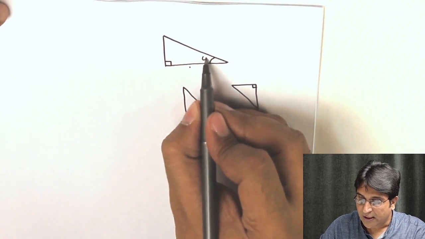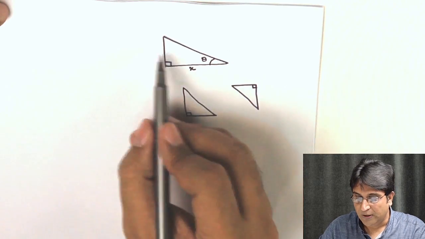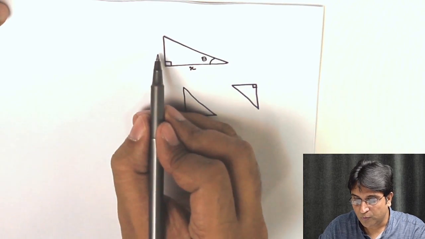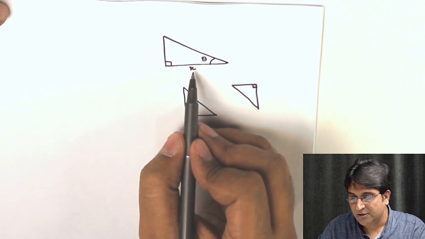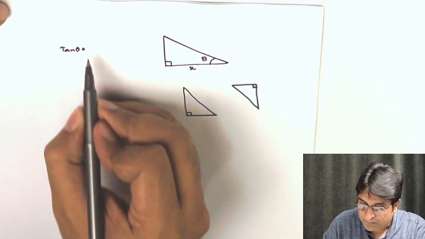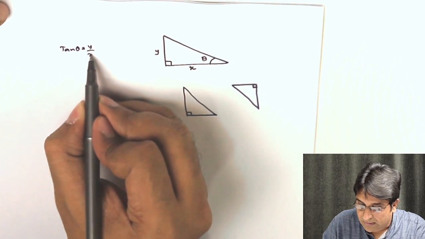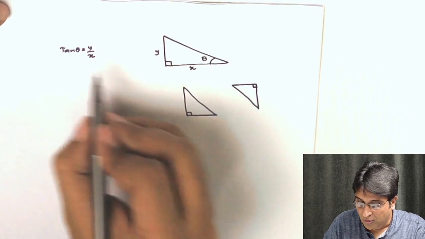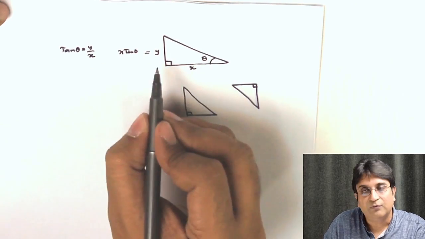So I showed you a case where I gave you theta and I gave you one value, say x, and you had to find this and this. So what did you do to find this one? You knew this was opposite, adjacent was given. Opposite by adjacent is tan theta. So you simply write tan theta is opposite, let's call that y, by adjacent. So if you cross multiply, this becomes x tan theta, and you can find this.